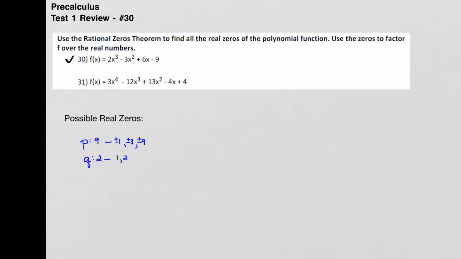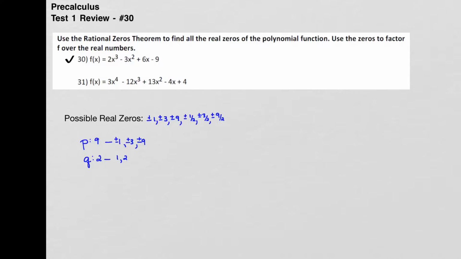So my possible real zeros then are plus and minus 1, plus and minus 3, plus and minus 9, and then I'll take each of those, put them over 2, and I get plus or minus 1/2, plus or minus 3/2, and plus or minus 9/2.